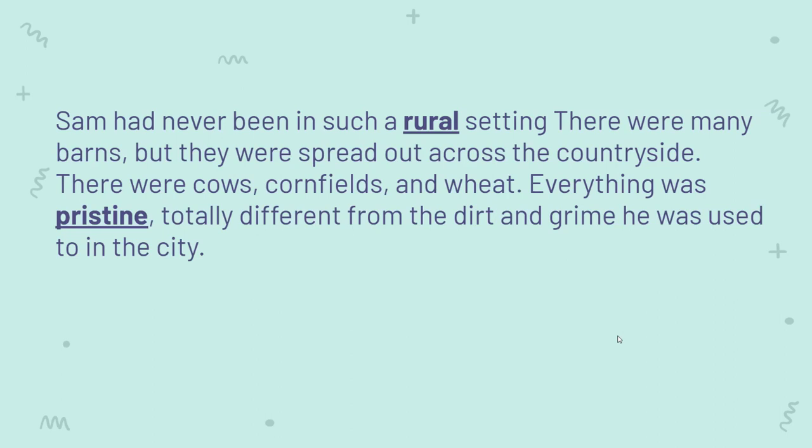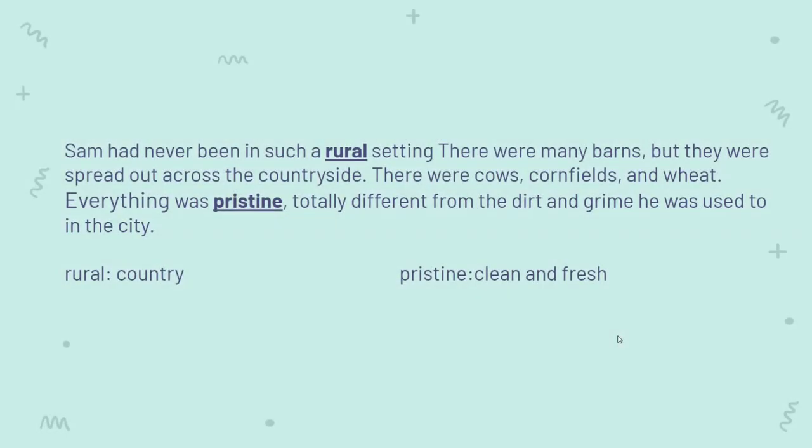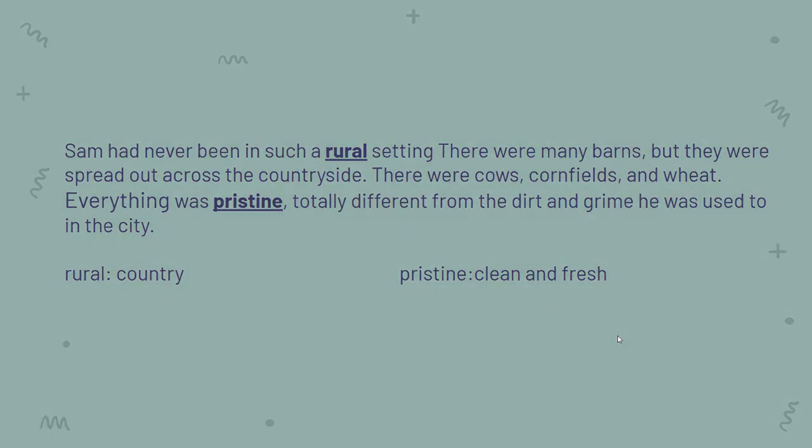And then that word pristine, I'm thinking, okay, we're talking about in the city, it's very dirty and grimy, but everything that is in the country is pristine. So maybe that has something to do with an antonym. Okay, so when we put those words together, we can see that rural does mean country, and pristine means clean and fresh. Okay, so let's look at another example.